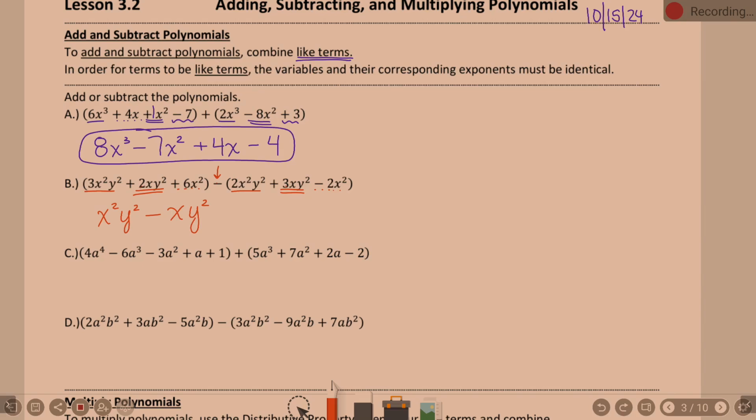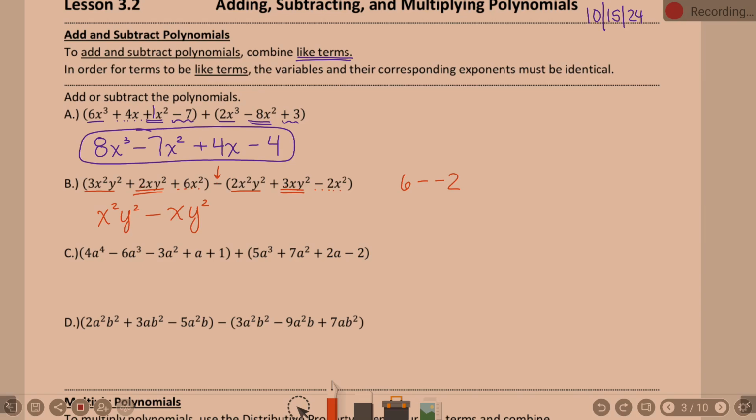Okay, and we have x squared terms that go together. What do you know about your x squared terms? One of them is positive, one of them is negative. Uh-huh. So what are we doing here? Adding. It ends up being 6 minus negative 2, doesn't it?